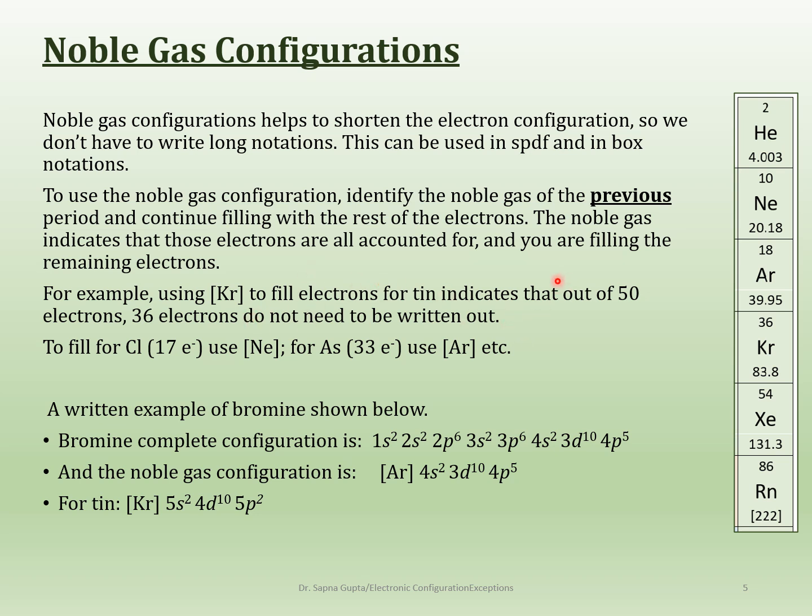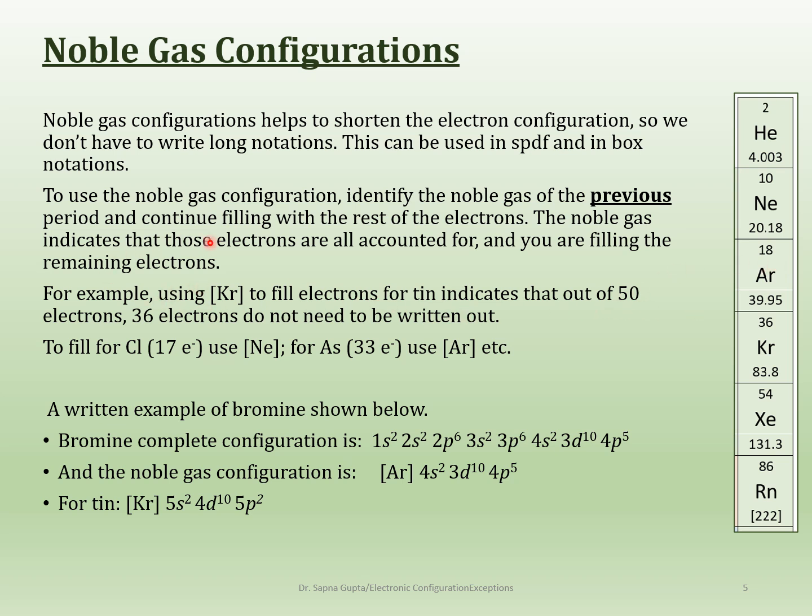So what chemists do is chop it down, saying, all right, I'm going to fill out, let's say, 18 electrons of argon, and then after that, I'm going to fill everything else out. That's the noble gas configuration. So whatever element you have, you take the previous noble gas element, those electrons are accounted for, and then you fill the rest of them out.